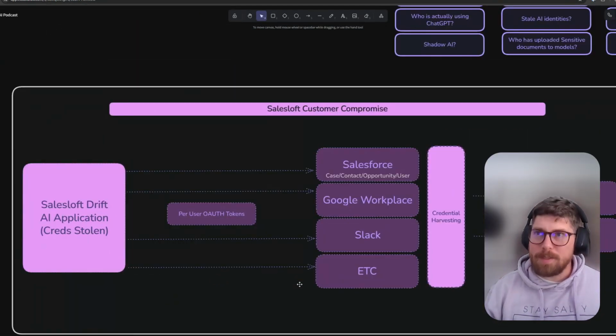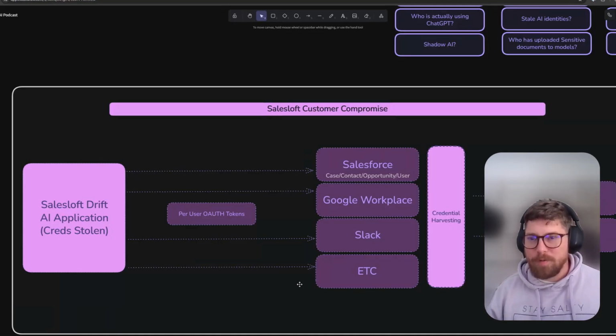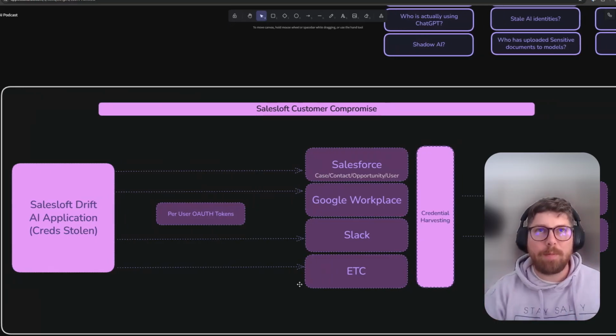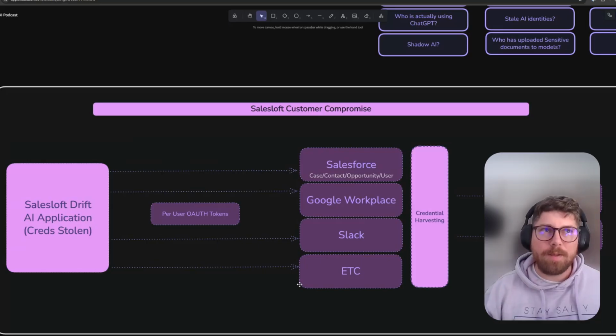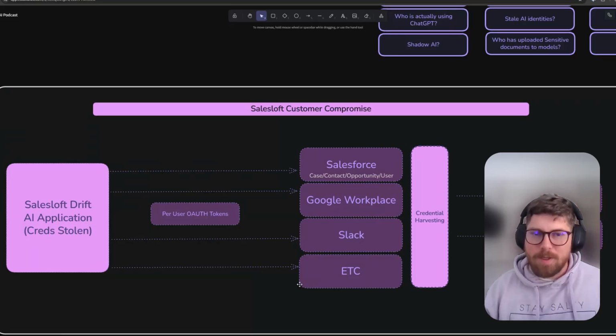Let's call out a recent example that I don't think people understand is actually AI related, which is the SalesLoft Drift incident. If you want a full breakdown on that, go check out episode 1, where I covered this in full depth. But what I really want to cover here is that this is an AI security incident. I don't think enough people call it out as that because it looks like an identity security issue.